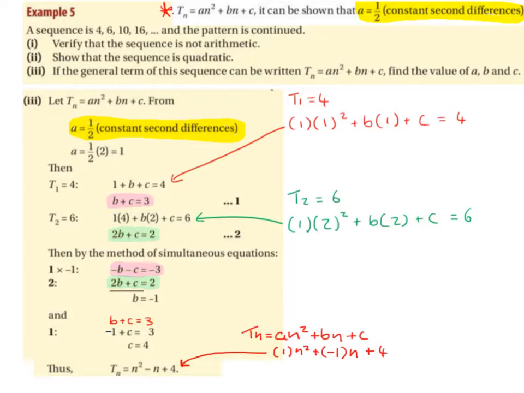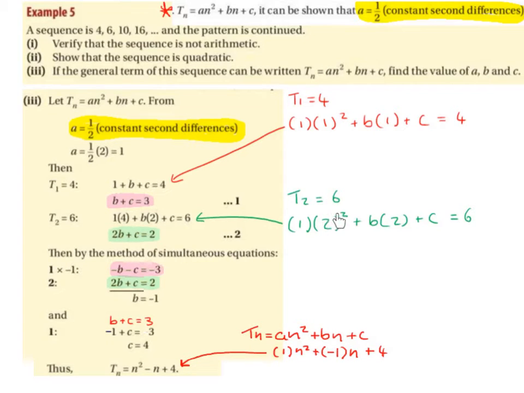Then we're going to take the second term, which is 6. So term 2 is equal to 6. We do the same thing using this formula. We swap that a for a 1, because we got a to be equal to 1 over here. We swap that n for 2, and that n for 2, and it's all equal to 6, because term 2 is 6.